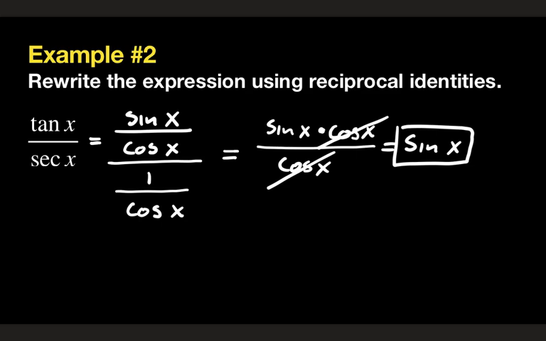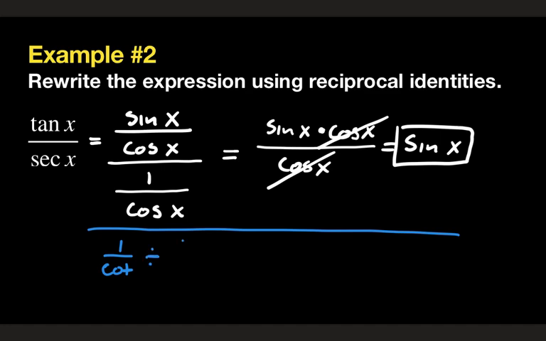If we were to change this and use cotangent, we would have gotten 1 over cotangent divided by 1 over cosine. But the issue here is that we have different terms.